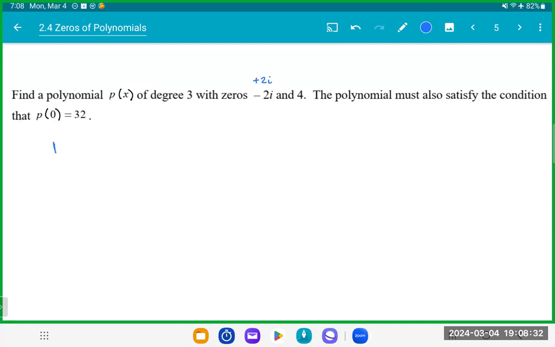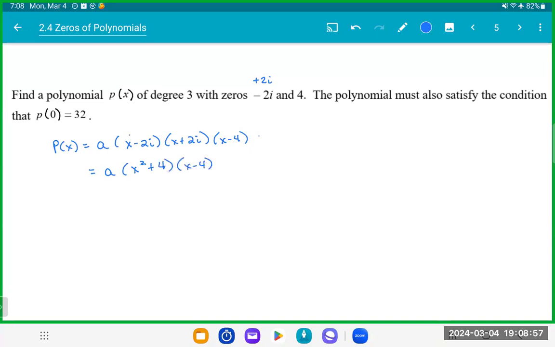So our polynomial is equal to a times each of these terms. That's x minus 2i, x plus 2i, and x minus 4. And that's going to simplify to a times x squared plus 4 times x minus 4.